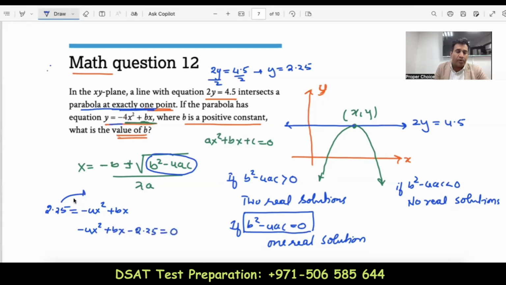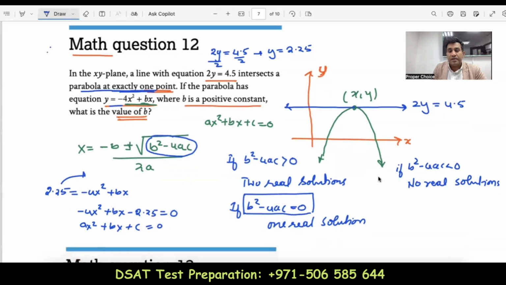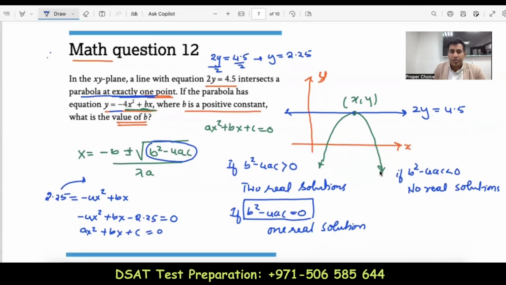It becomes negative 4x square plus bx minus 2.25 equals 0, because when you take everything to one side, we make it equal to 0. Compare this with the standard quadratic form, ax square plus bx plus c equals 0, and use the formula which has been shown.